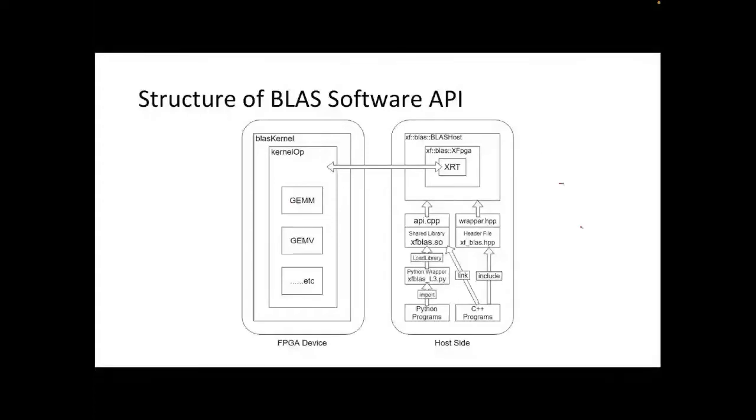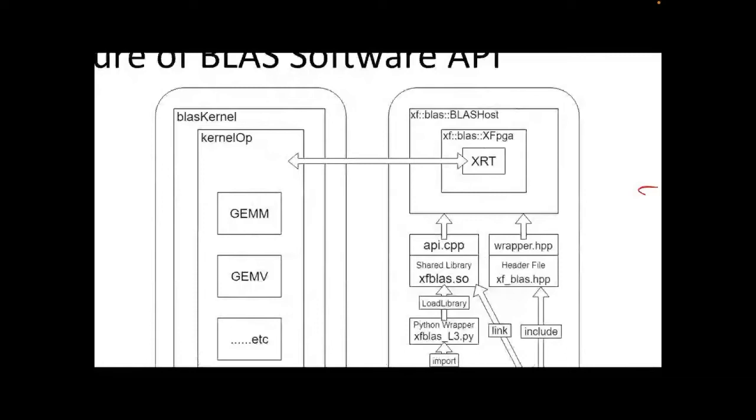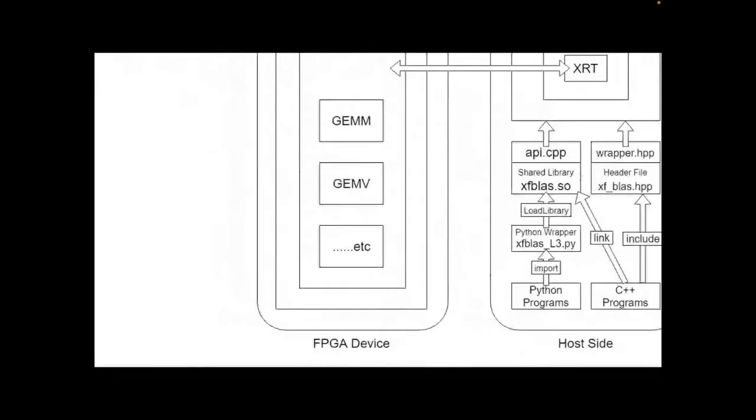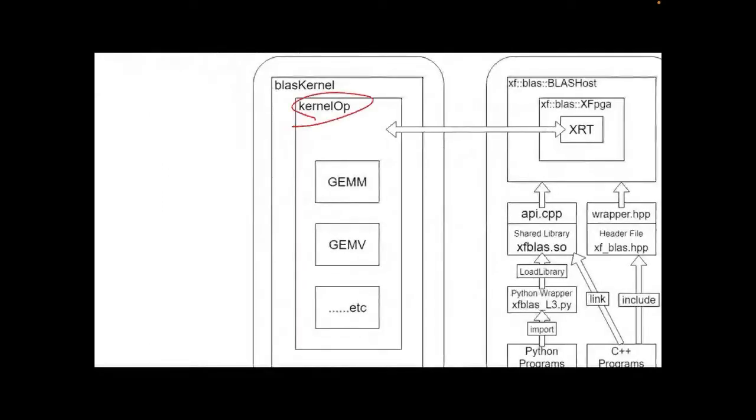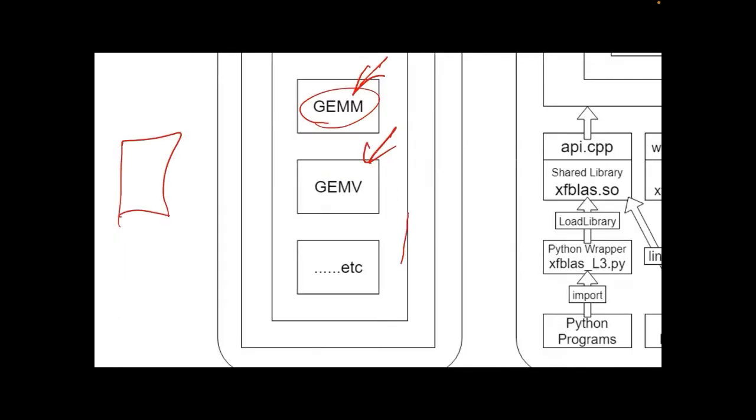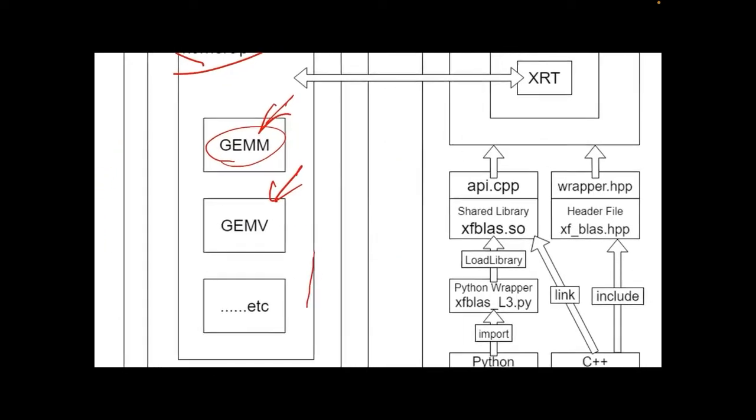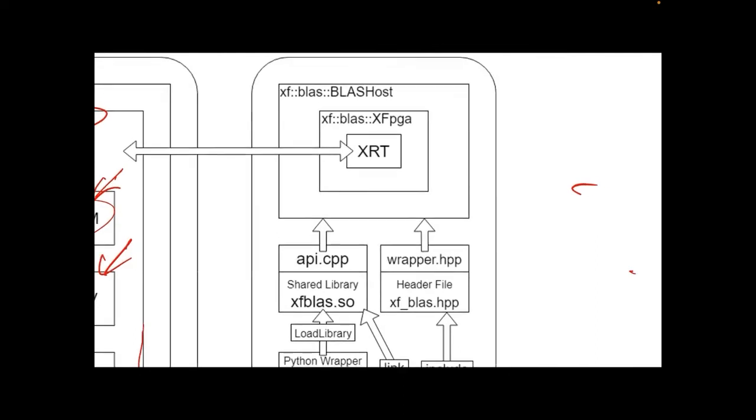This is the structure of the BLAST software API. For the kernel, there is an interpreter to translate the operation code and distribute work to the different kernels. So for GEMM, we need to provide an instruction code to specify the sizes of the two matrices and the memory address of each matrix.